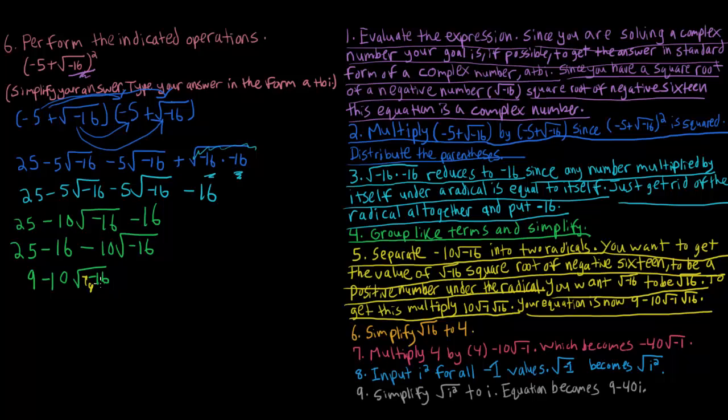We don't want a negative sign under the radical. So we need to try to take this and put it into two separate radicals. So we have minus 10 root minus 1 and then times the square root of 16, because square root of negative 1 times the square root of 16 is still the square root of negative 16.